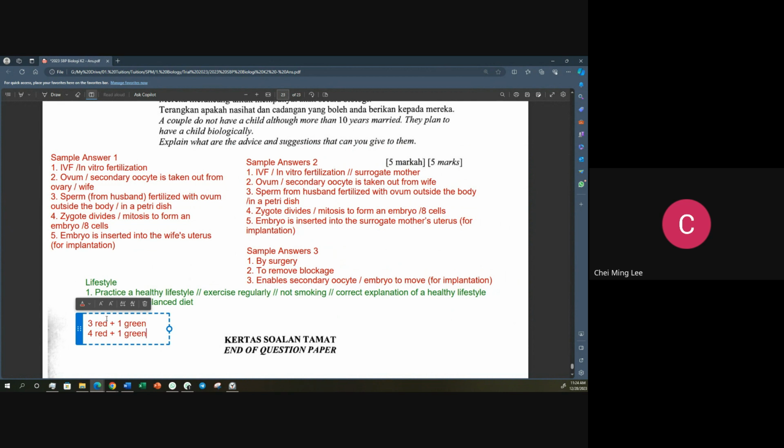Sorry, 2 green just now. You can add the answer like this.